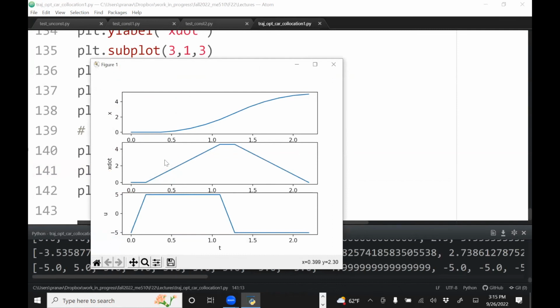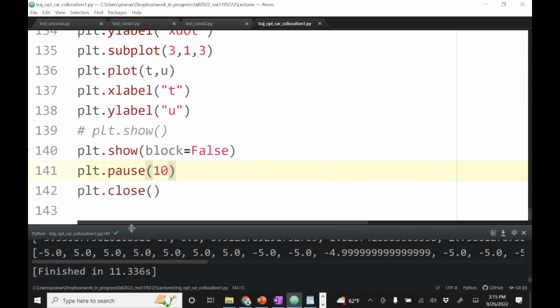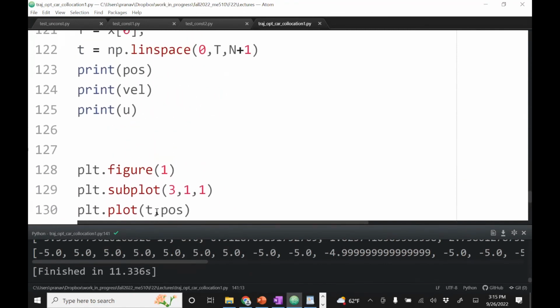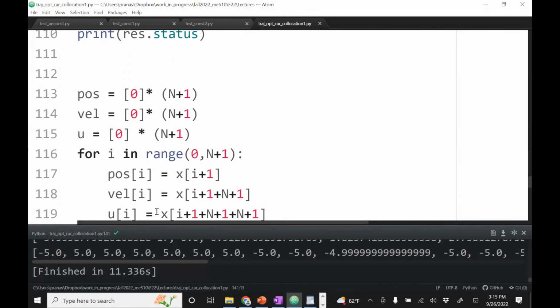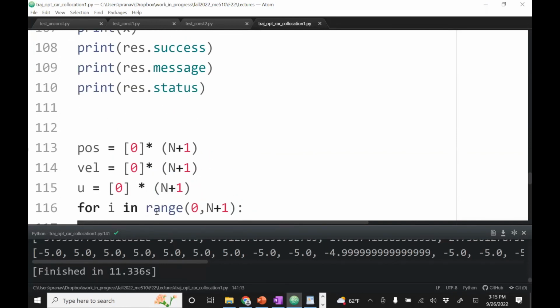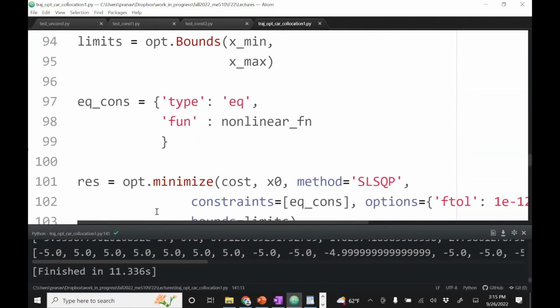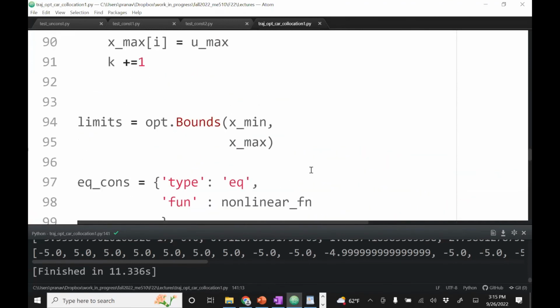Okay, so that's the position, velocity, and then the acceleration. So it goes 5, and then it goes -5. The reason why it goes -5 is because of discretization. If I increase the number n, then it will probably give me the right answer, which is basically going +5 and then -5. I've used, in this case, SLSQP.